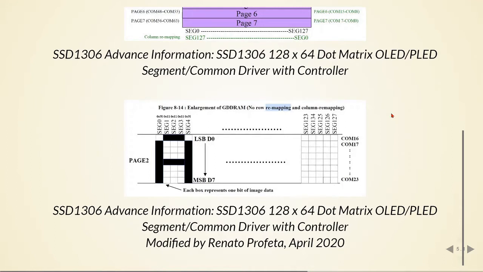I'm going to try to keep it compatible to the examples that come with the board and the examples by Texas Instruments, so I will try to have minimal changes and keep things compatible. But this is the idea. We have these pages and we have the segments, and then we can set bits to 0 and 1 and create different shapes.